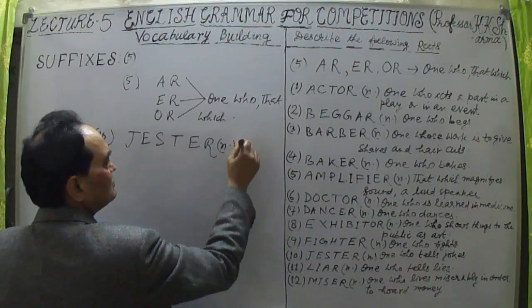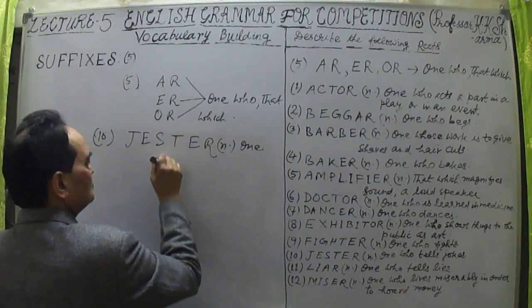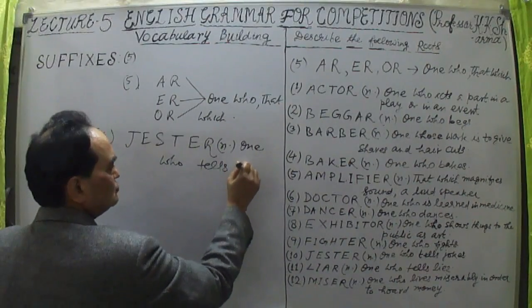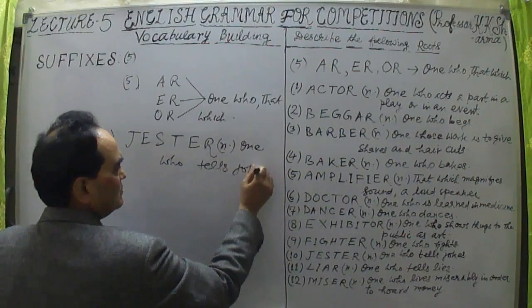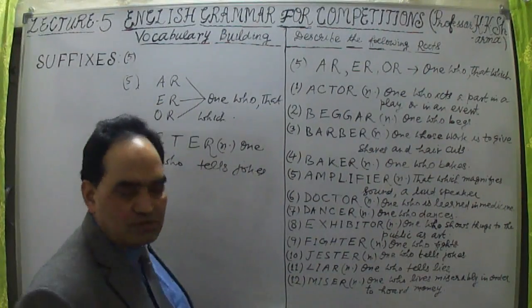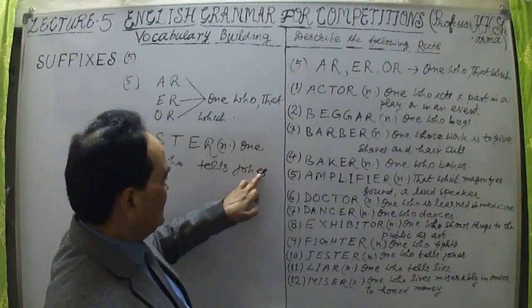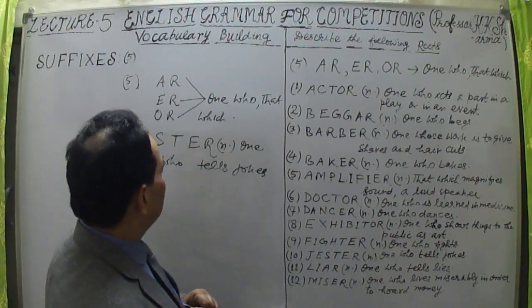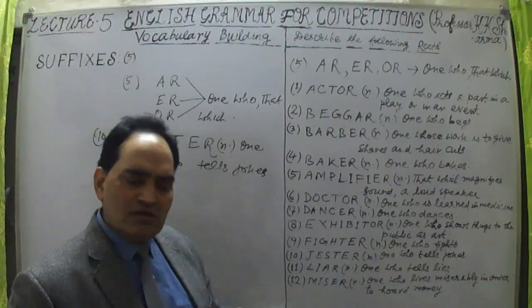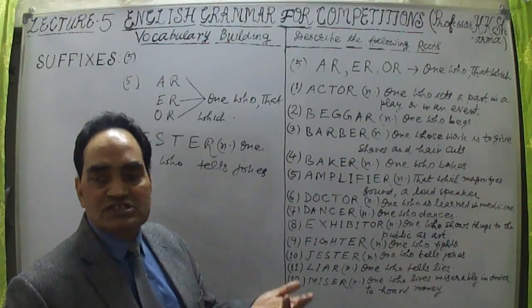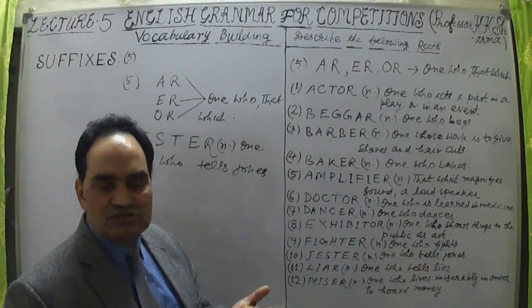It is a noun. One who tells jokes and makes fun for the public. The public is enjoying his jokes. That is a jester. Mostly jester, not joker. Jester is when the public is jesting upon his activities, upon his jokes.